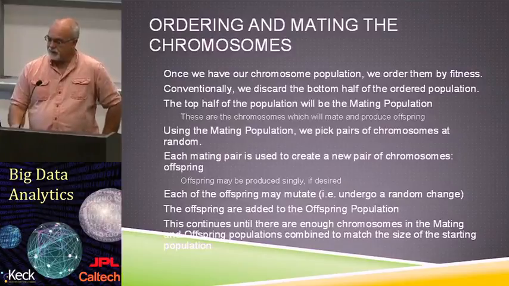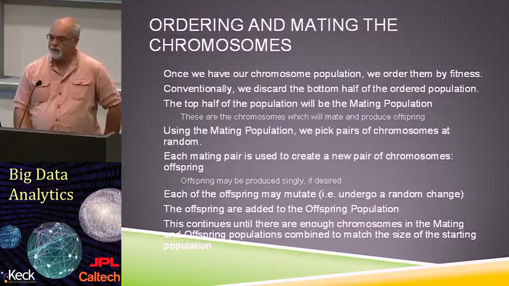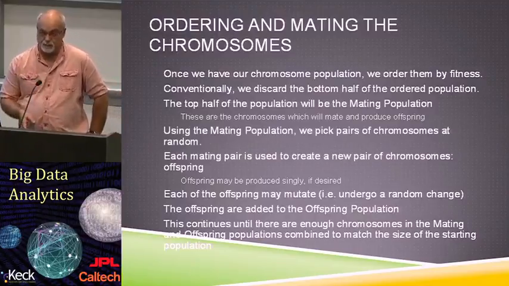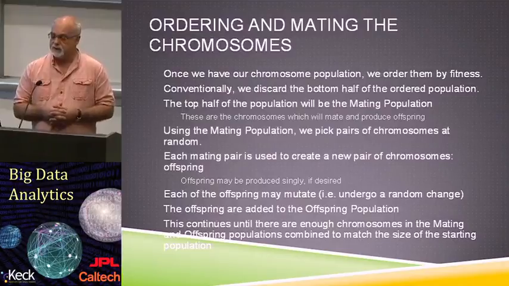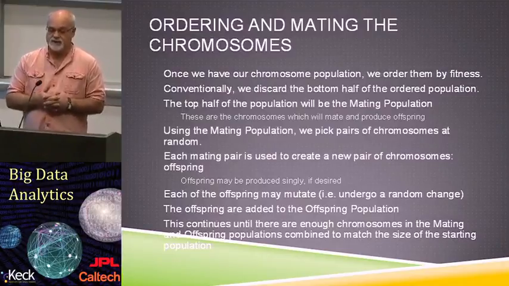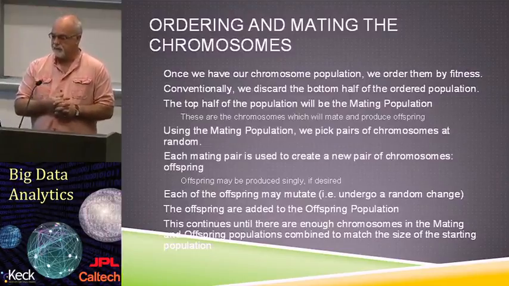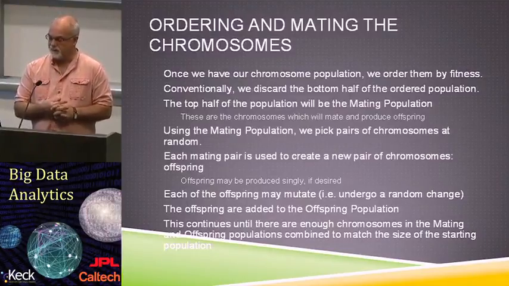So conventionally, after we order the chromosomes in our population, we discard the bottom half. We don't need to do that, but that's conventionally what is done. Then the top half of the population becomes what is called the mating population. So the best chromosomes are going to be used to mate with one another and hopefully produce offspring, some of which are even better than the parents in the mating population.